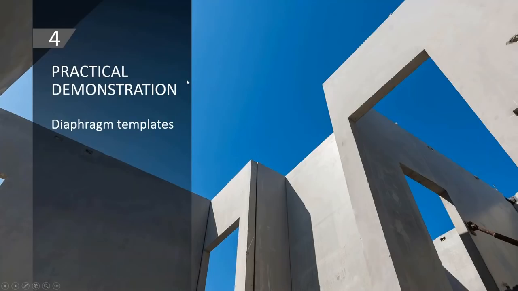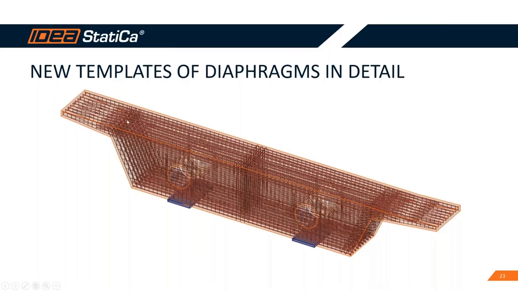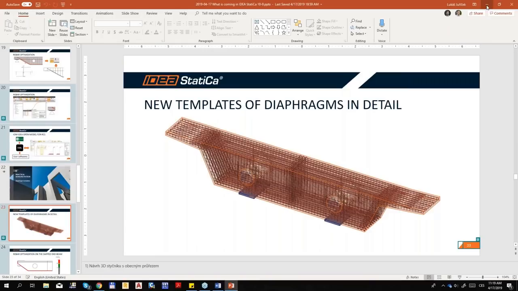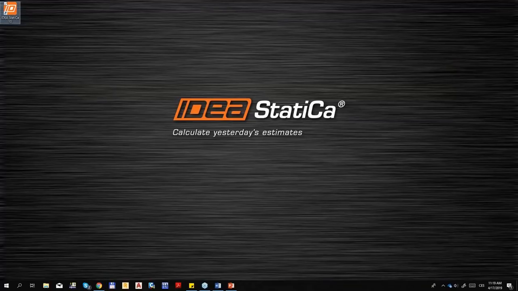So now let's jump into the first practical demo, and I will show you diaphragm templates. I will select a multi-cell box girder diaphragm. So I will jump in directly to the IDEA StatiCa application.